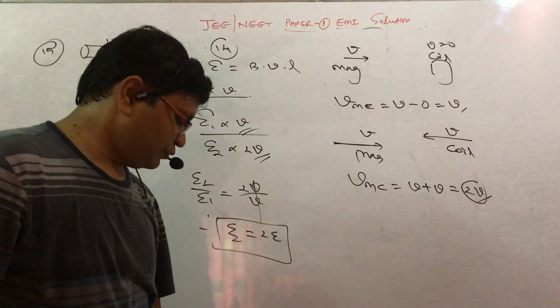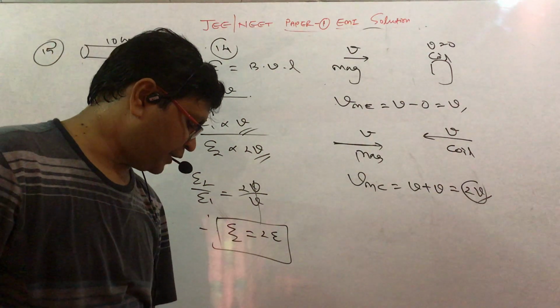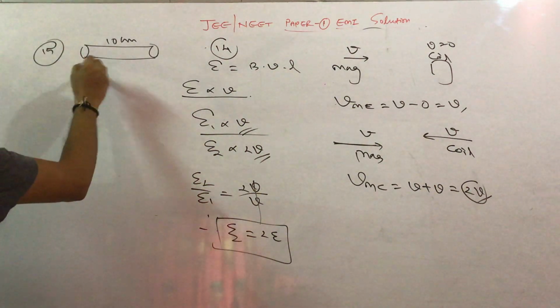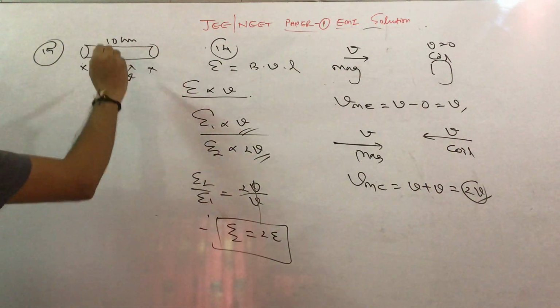Okay, it is moving with velocity 10 meter per second perpendicular to the direction of a magnetic field. तो मैग्नेटिक फील्ड को परपेंडिकुलरली वो मोशन कर रहा है with speed v.